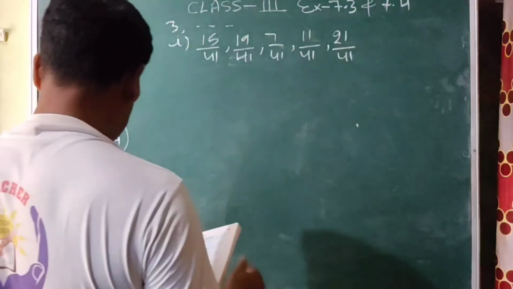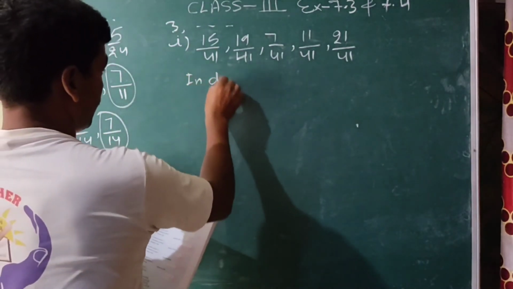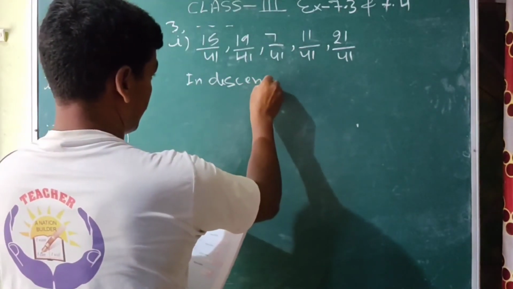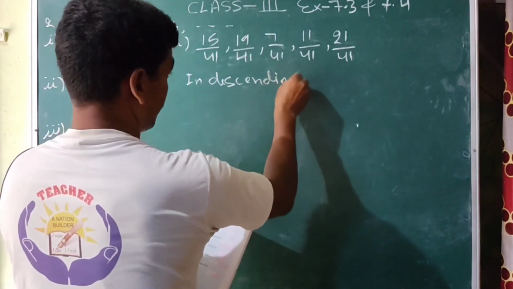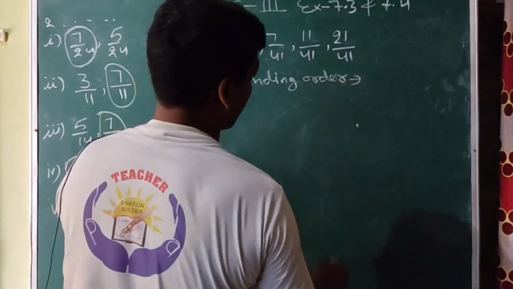Descending order means in descending order. How will you write in descending order?